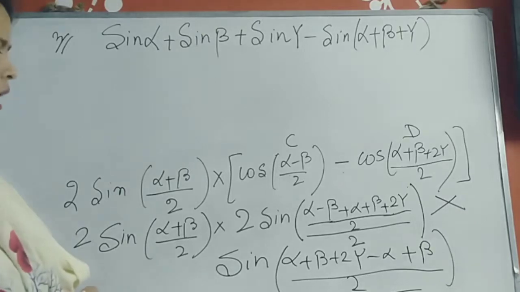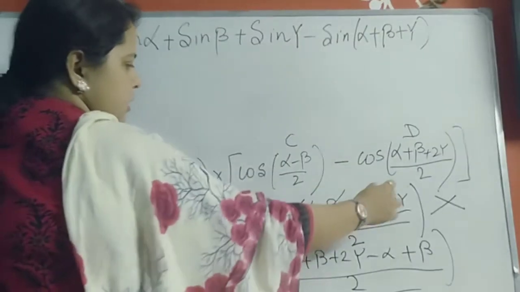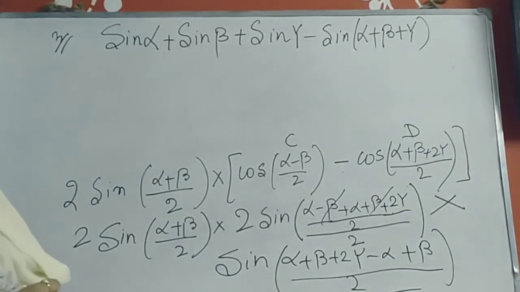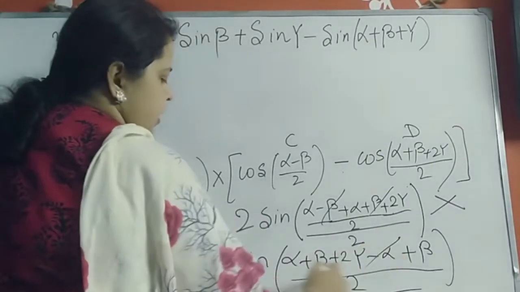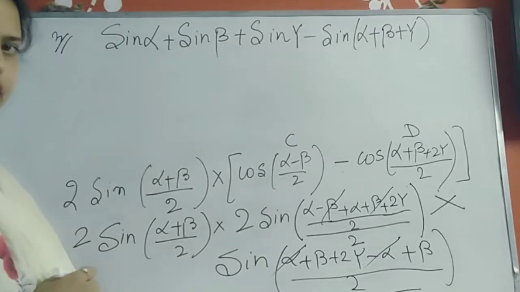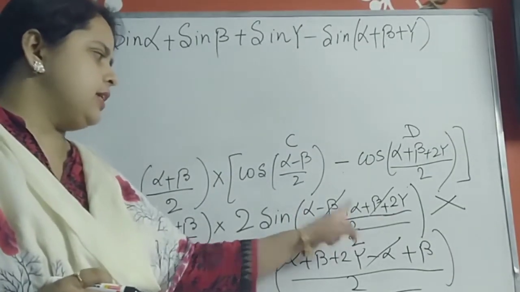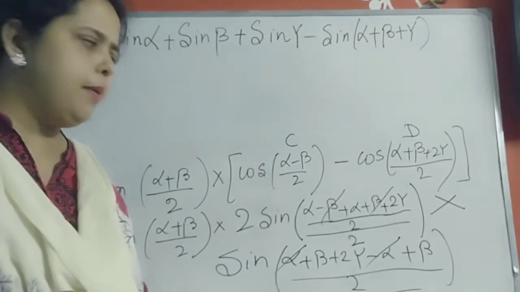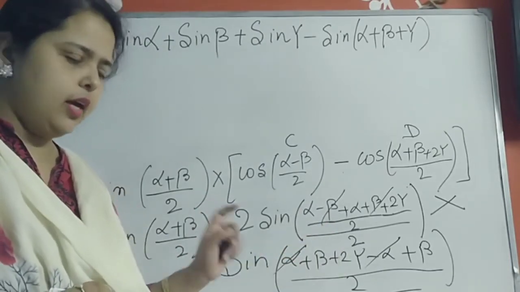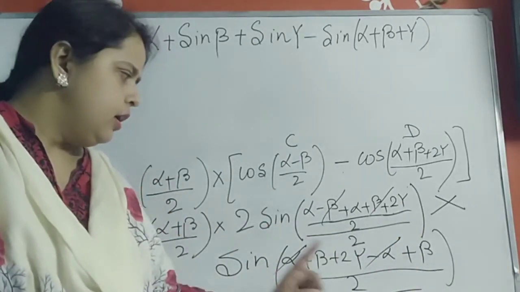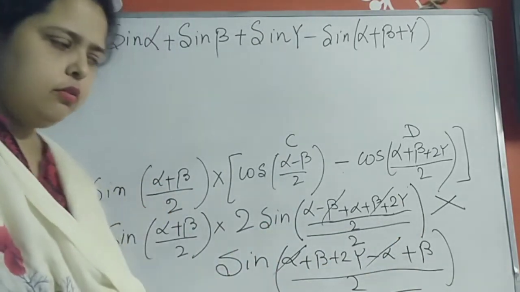Now see which are the things which are cancelling in the first part, that is beta cancelling. In the second part, this alpha cancelling. Now what you are getting, students, that is alpha plus alpha, 2 gamma by 4. Okay, and here it is beta plus beta, 2 beta plus 2 gamma by 4.